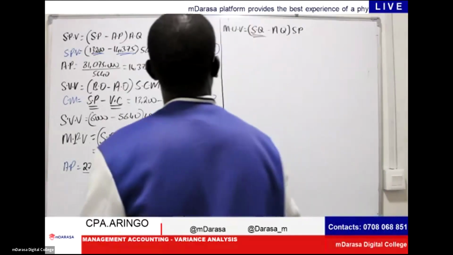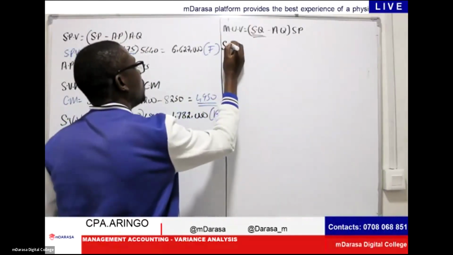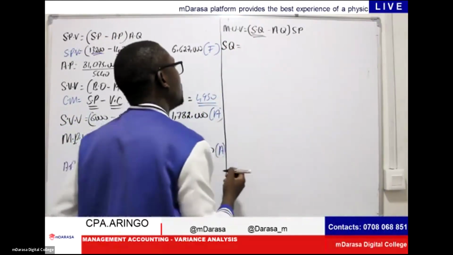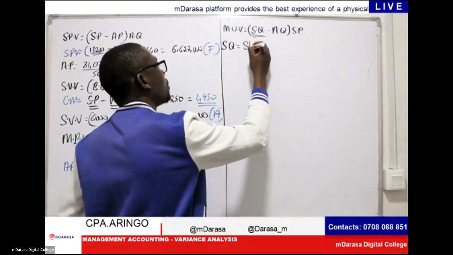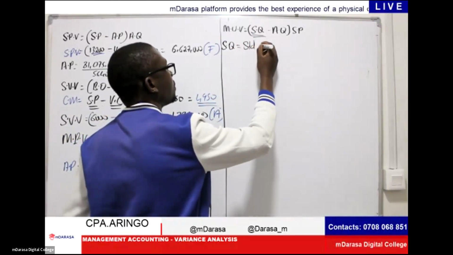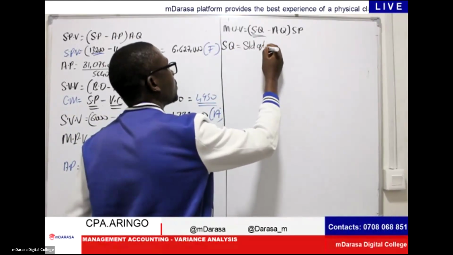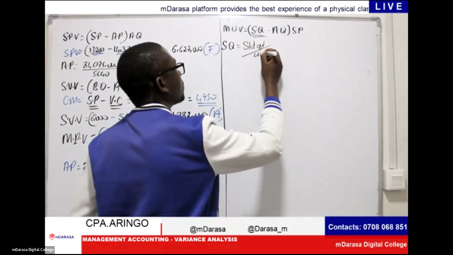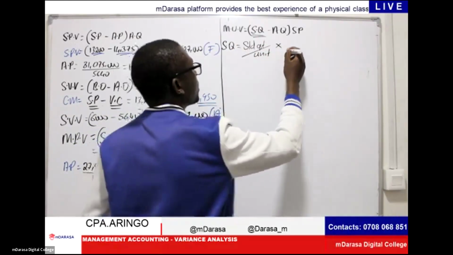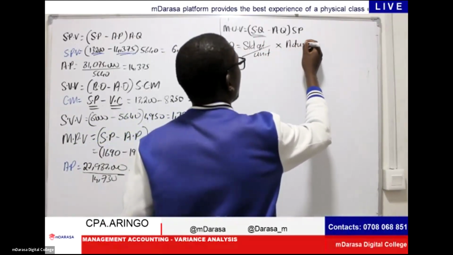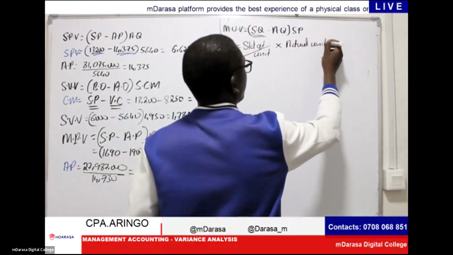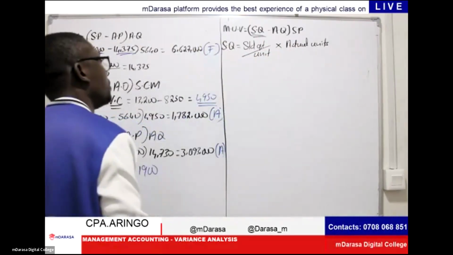So for us to determine our SQ, we said we'll be talking about the standard quantity per unit times our actual units, because you'll never be given that one.